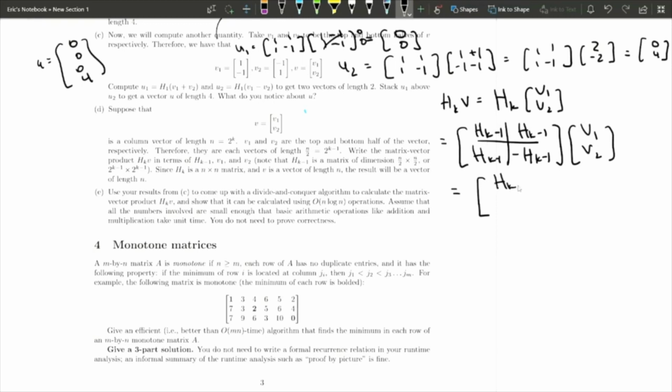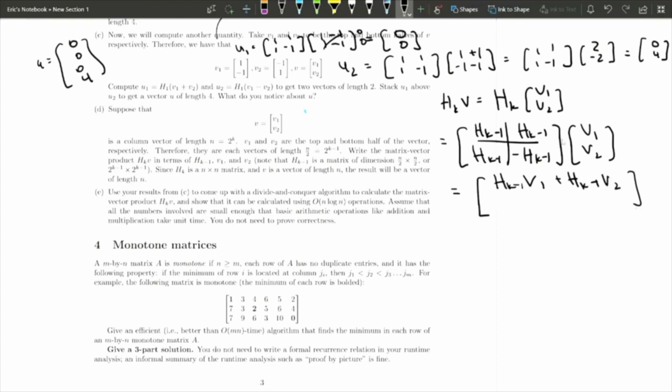So Hk minus 1 times v1, plus Hk minus 1 times v2. Those are not supposed to be pluses. We multiply the matrix with the vector. I hope I'm making that clear, sorry about that.